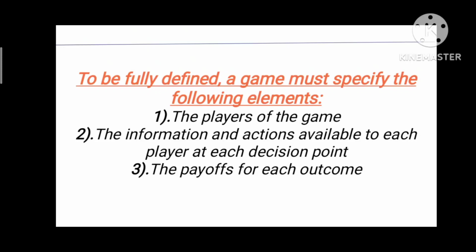Okay, let's get to the second point: the information and actions available to each player at each decision point. It means that if a player plays a move, as in chess, then the information and actions he took should be known to the other player.